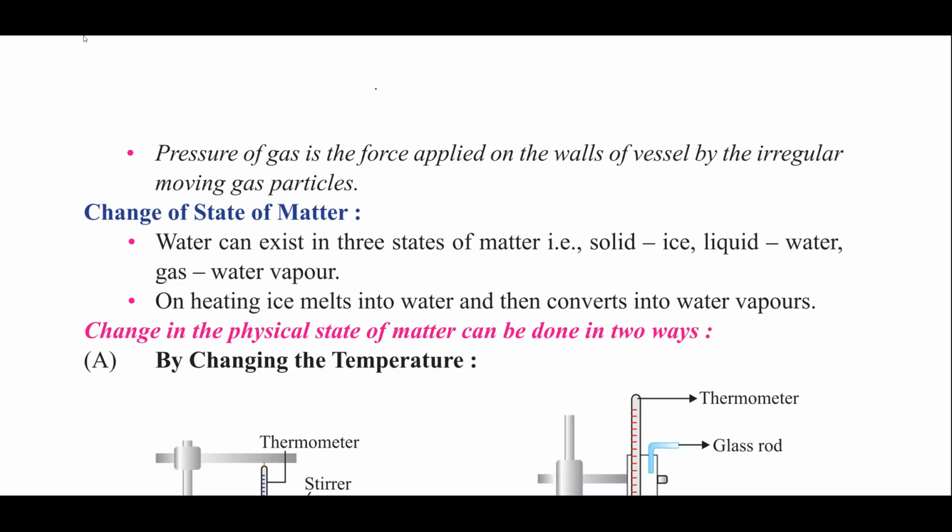So if I'm going to convert solids into liquids, what I need to do is increase the heat and decrease the pressure. So we can say pressure should be decreased and heat should be increased.